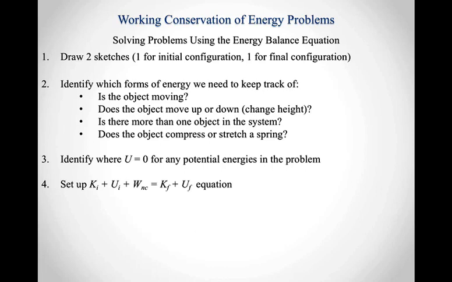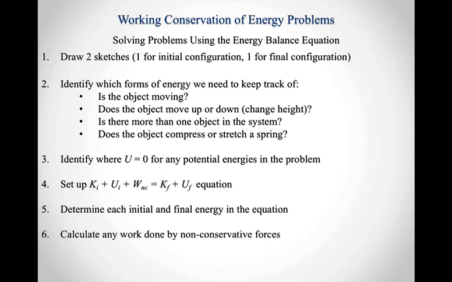Once we've identified the 0 points for the potential energies, we're going to set up our equation. Again, this is largely just saying what are all the K terms we need to include, what are all the U terms that we need to include. Then we'll go through and determine what each of those are so that we know what to plug in for all our K's and U's in the equation, given our choices for the 0 points for any potential energies.